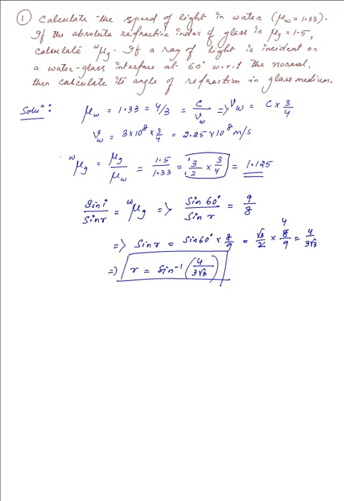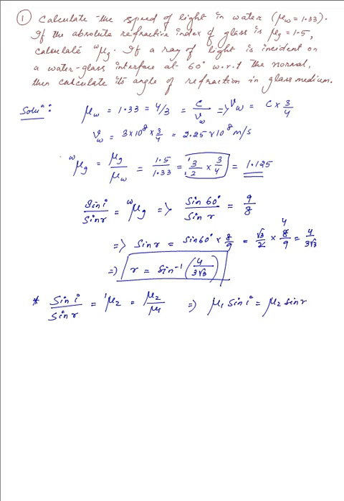One more thing, and a very important one: the law that tells us that the sine of the angle of incidence bears a constant ratio with the sine of the angle of refraction. As we know, sine of the angle of incidence over sine of the angle of refraction is going to be mu 2 with respect to 1, which is what we have obtained, mu 2 over mu 1. We can also write this as mu 1 sine i is equal to mu 2 sine r.